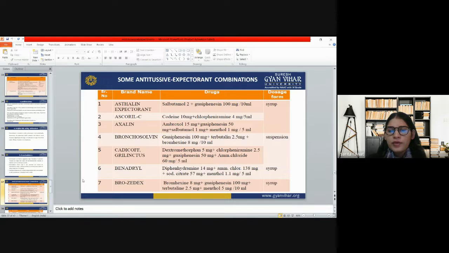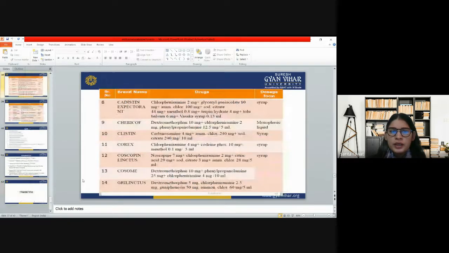It comes in the form of syrup. Then we have another drug in combination, Corex. Corex comes in the combination of carbinoxamine 4 mg plus ammonium chloride 240 mg plus sodium citrate 240 mg per 10 ml. It comes in the form of syrup.